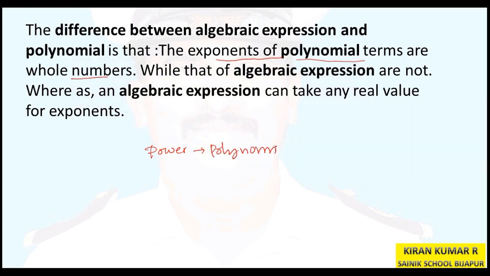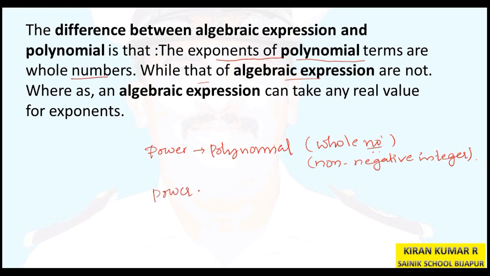Power in case of a polynomial is a whole number. In other words, it is a non-negative integer, while that of an algebraic expression are not. Whereas an algebraic expression can take any real value for exponents.